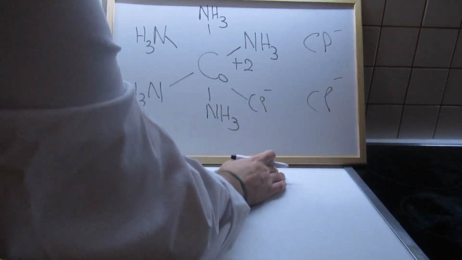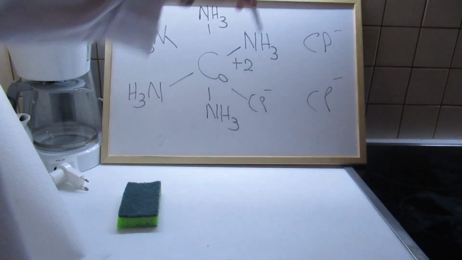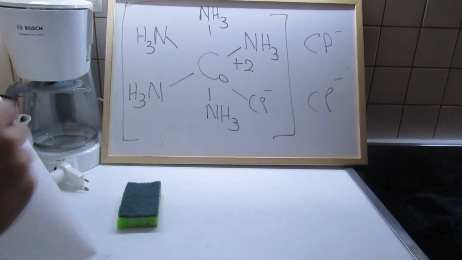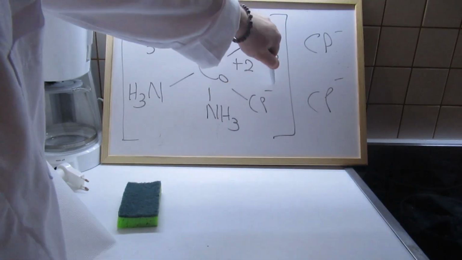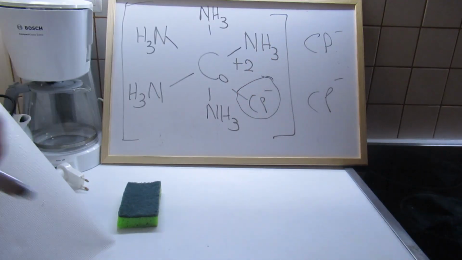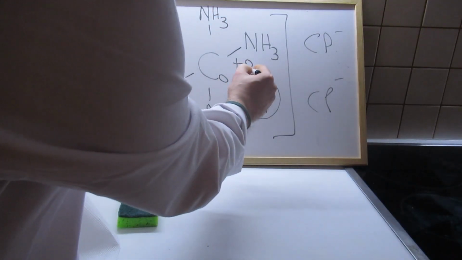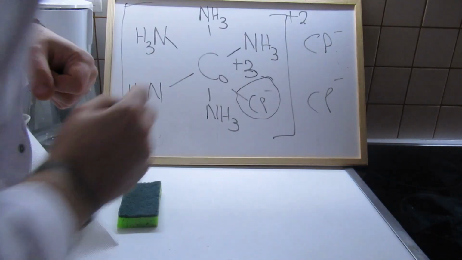So, the net charge of this whole ion is +2, since this over here has a -1 charge, the cobalt having a +3 charge, and the whole ion having a +2 charge.